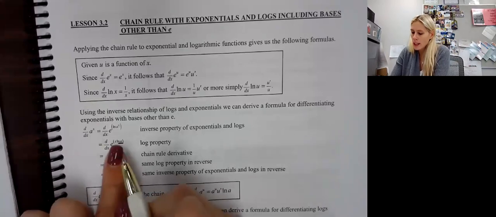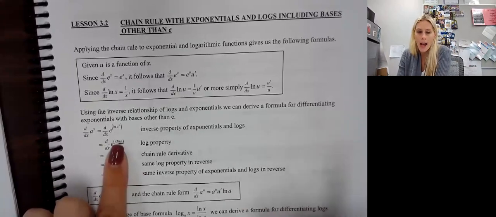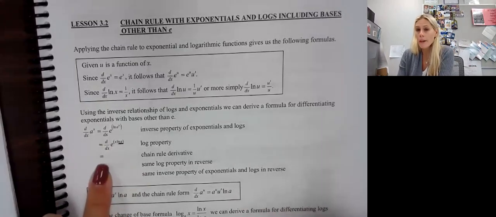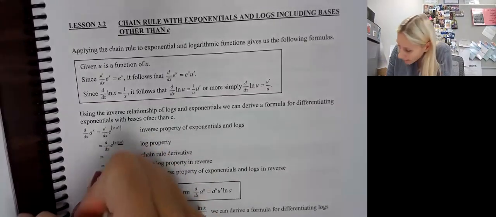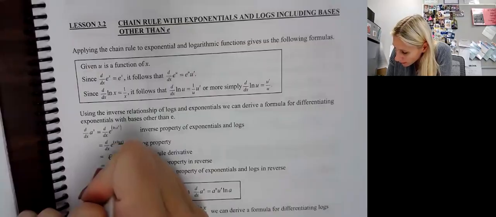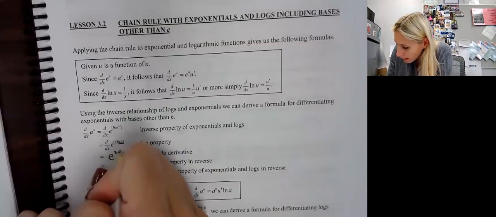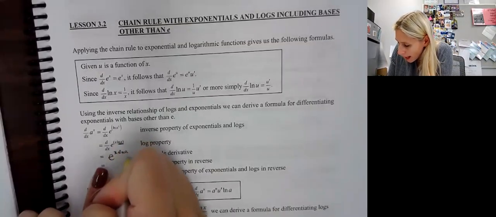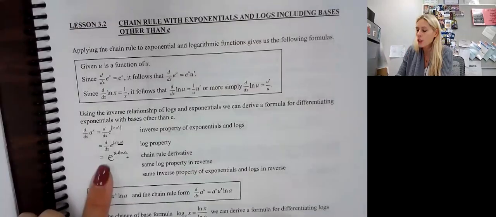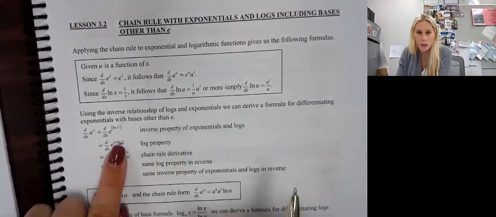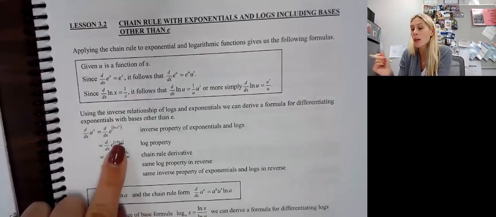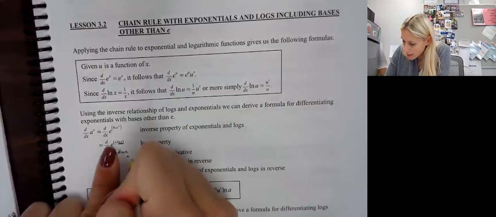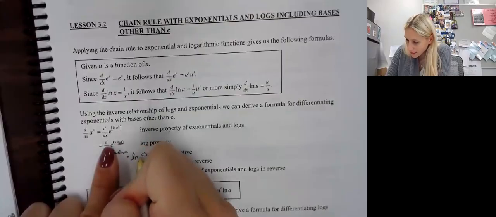So think of this as a number x. So when we do the derivative, and we have to think of the chain rule, right? We get e to the x ln a, and then times the derivative of that exponent there. Well, number x, the derivative of a number x would just be the number, which in this case is ln a.